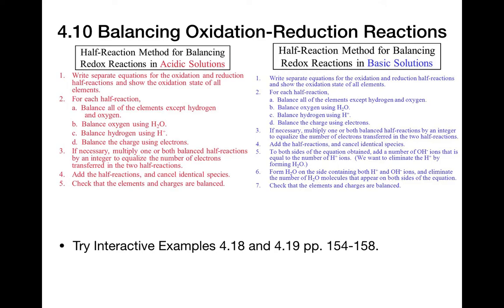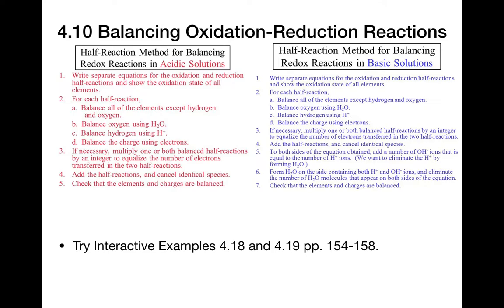Balance oxygen using water, balance hydrogen using H plus, then you're going to add OH minus to both sides to equal the number of hydrogen ions, because you want to eliminate the hydrogen ion using water. So that would be a way to end up with only water and hydroxide, is you eliminate the hydrogen ions with OH minuses until they're all neutralized.